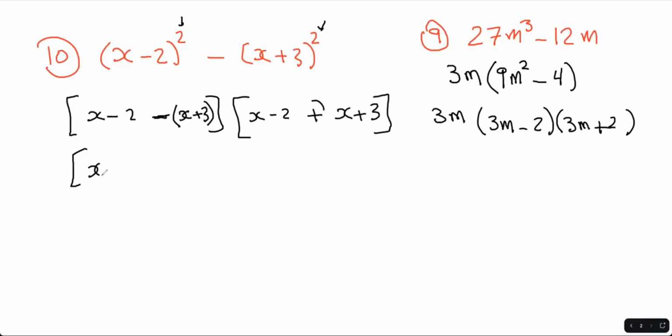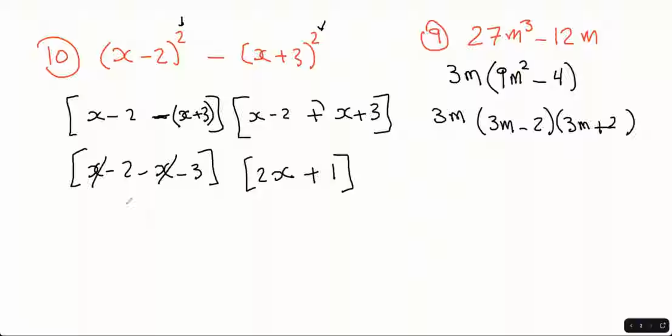Now, if we look at this, it's going to be x minus 2 minus x minus 3. But here I could start collecting like terms. So x plus x is 2x. And negative 2 plus 3 is plus 1. And this, the x will cancel the x. And negative 2 minus 3 will give me negative 5. So I have negative 5 brackets 2x plus 1. And that's your right answer.